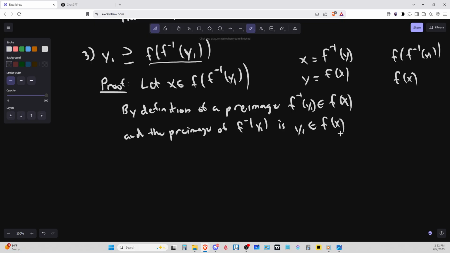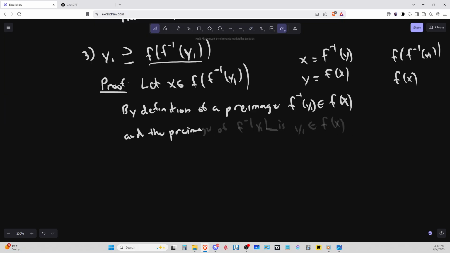Because we have a pre-image in a pre-image. I mean, not a pre-image, but basically an inverse within a function, and then we have to show the pre-image of it. Making it too complicated, or I'm overcomplicating it in my head.